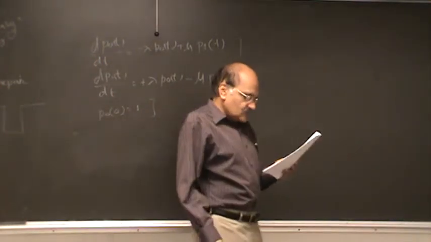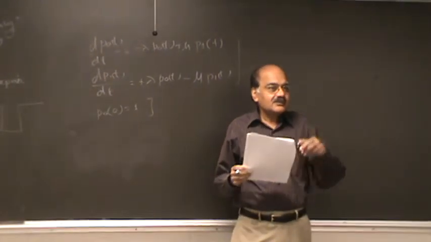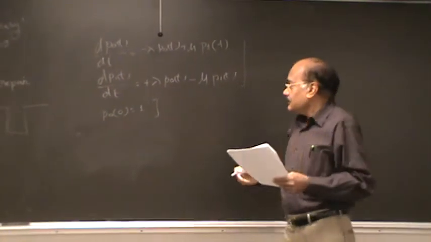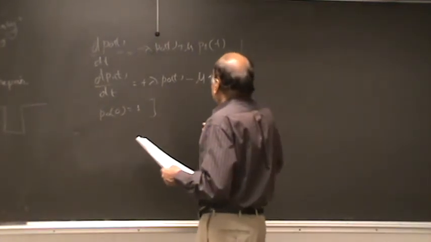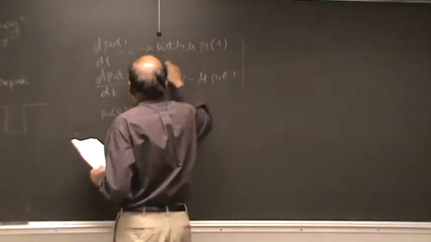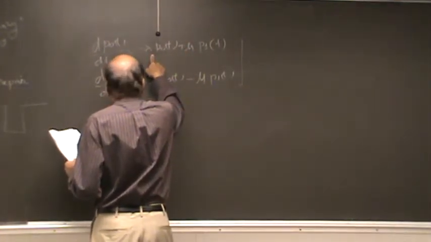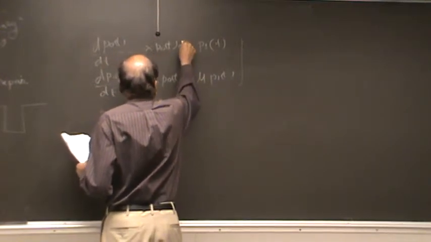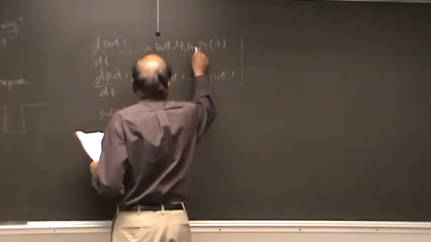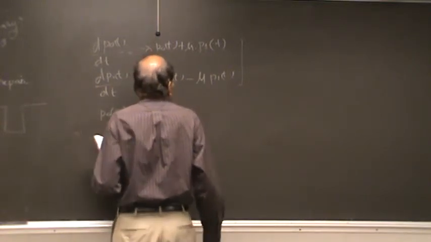Okay, what is the best way to solve this differential equation? For the first line, it's minus lambda times P0(t) plus mu multiplied by P1(t).